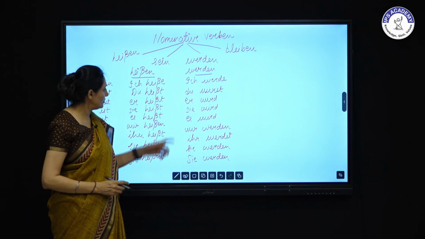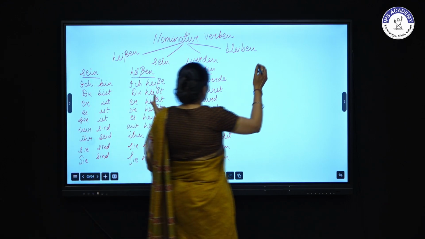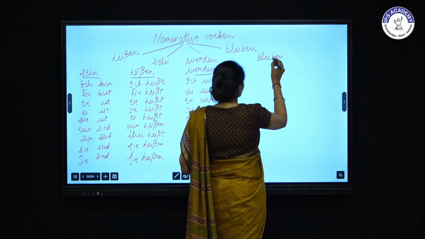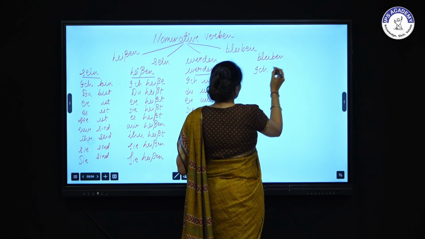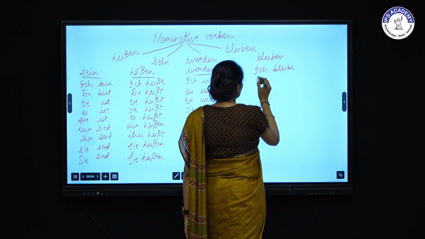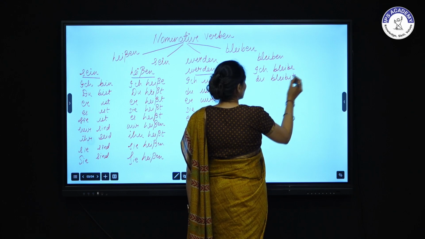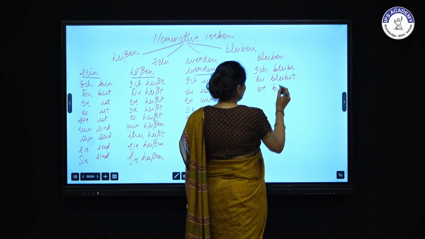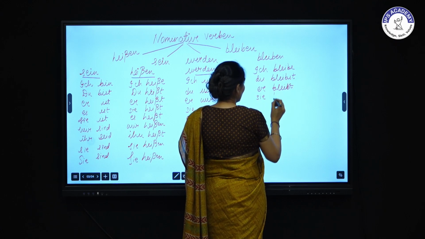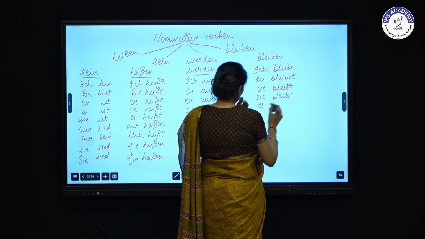That is the conjugation related to werden, heißen and sein, and lastly we take bleiben, that is to stay. Ich bleibe, du bleibst, er bleibt, sie bleibt, es bleibt.